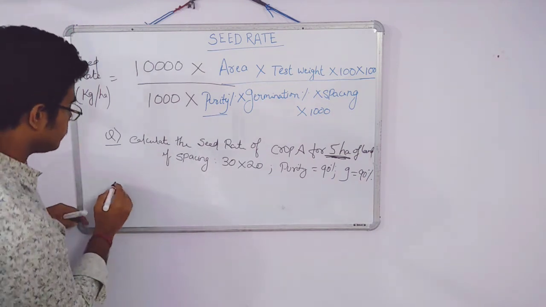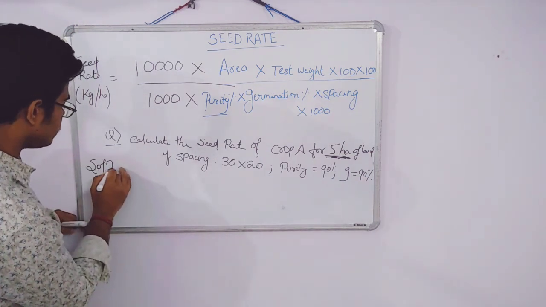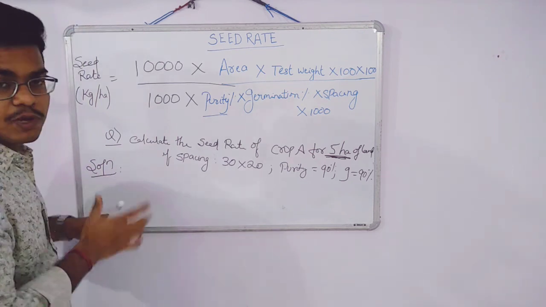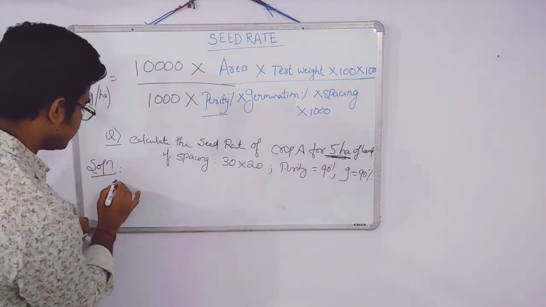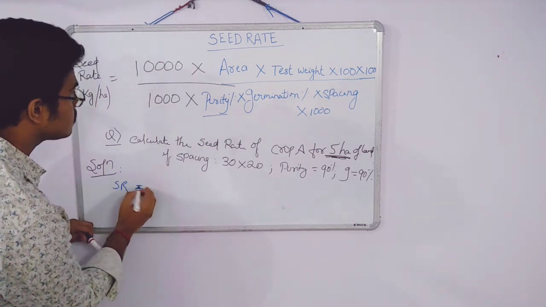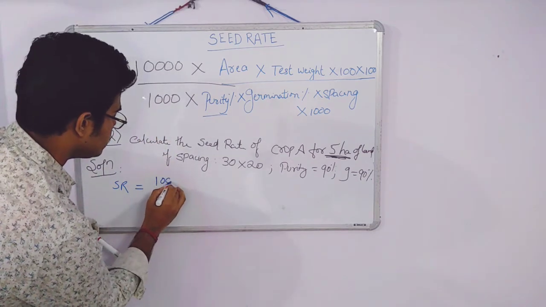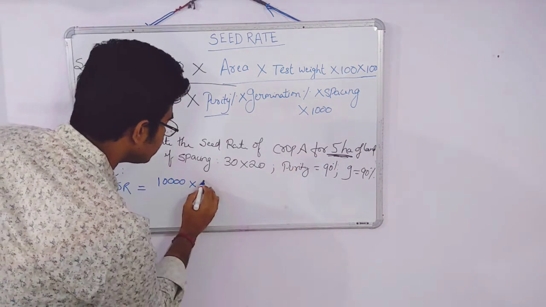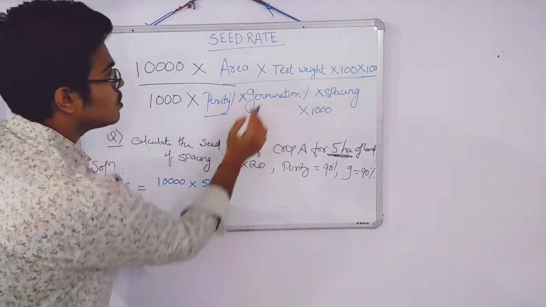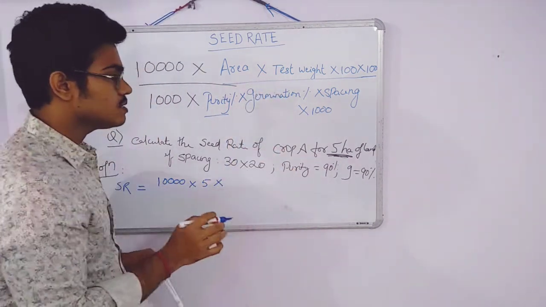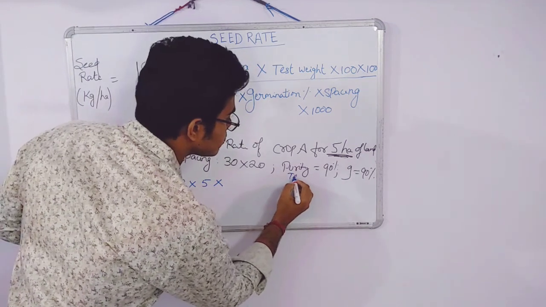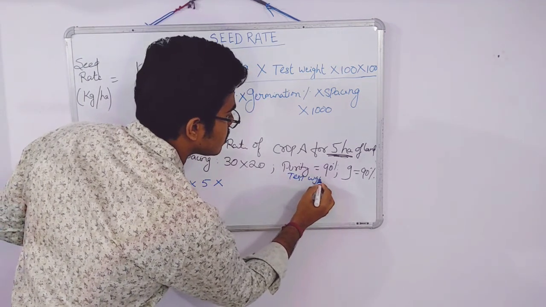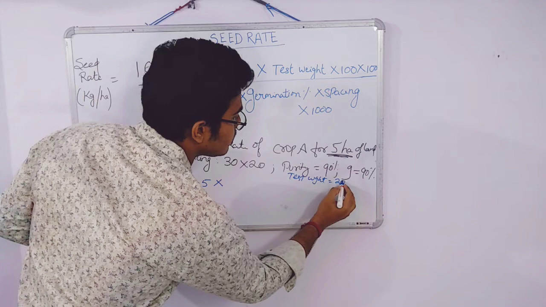Here simply we have to put the values: seed rate equals 10,000 into area. Area here is given as 5 hectare, into test weight. Suppose here the test weight is 20 grams.